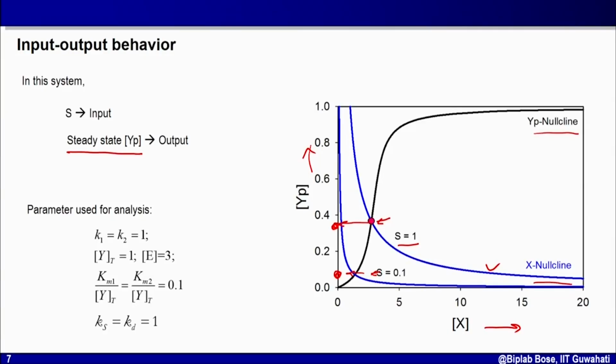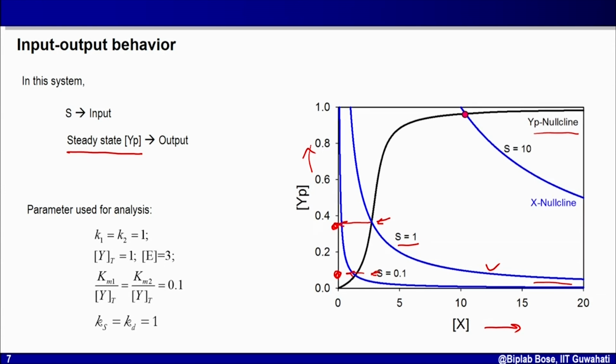So now increase S by another 10-fold change. From 1 I will make it S equal to 10. Now the X alkaline has shifted here, the blue line, and the intersection point is here as shown by that red dot. Now if I draw a horizontal line, then this is my steady state value of YP when S equal to 10.